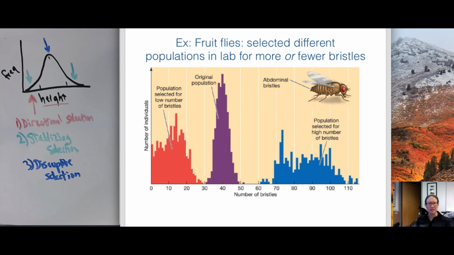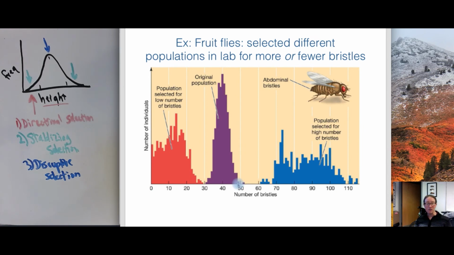To give you another example of this, here's a lab experiment with fruit flies where biologists selected for either more bristles or fewer bristles. Here is the bristle number distribution in the original population. All the flies had somewhere between 30 and 50 bristles.